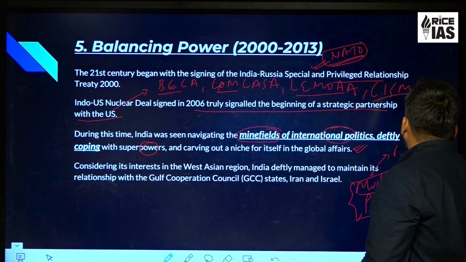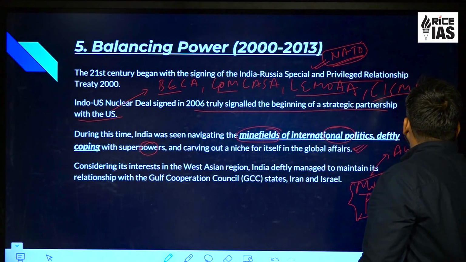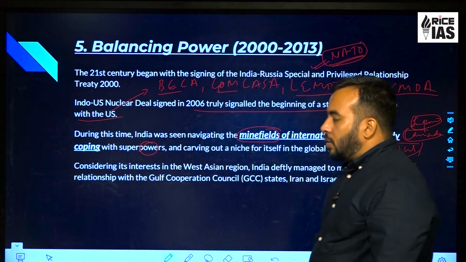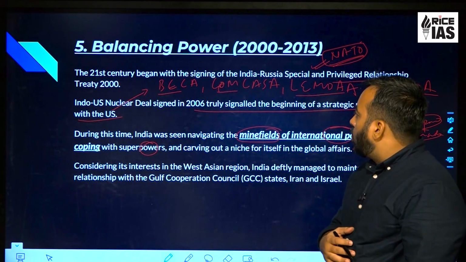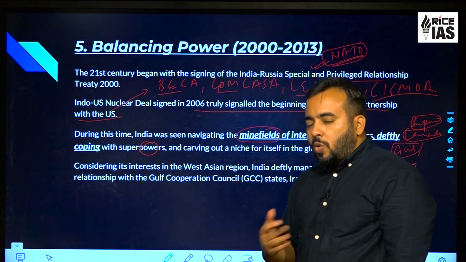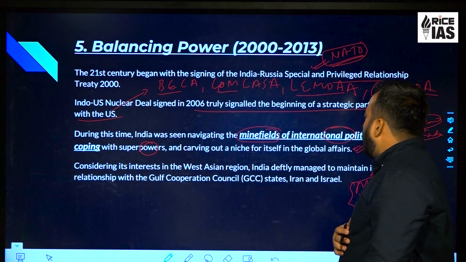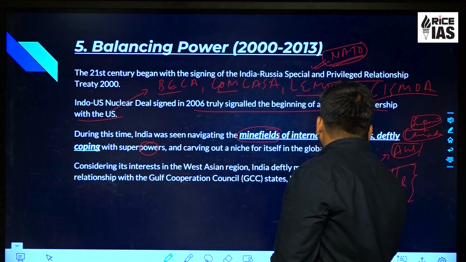That is one example of middle power. Other examples of middle powers are Australia, Canada, Japan. Middle powers, when they cooperate with the superpowers or among themselves, can do a lot, and with that they can secure their national interests in conjunction with other powers.